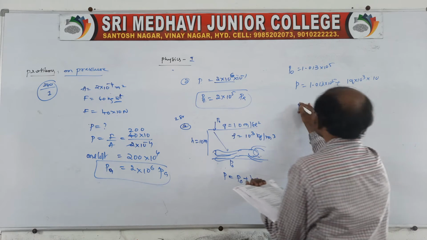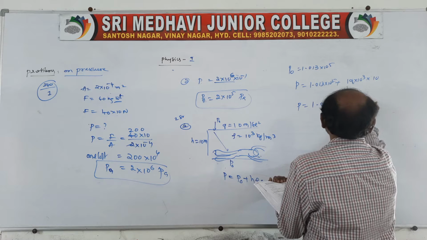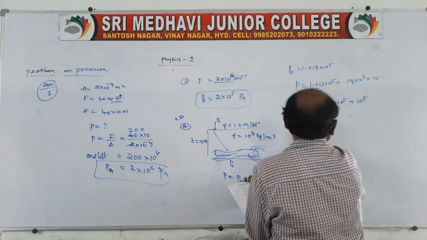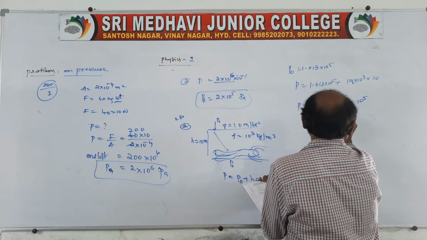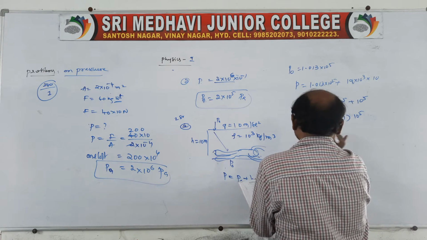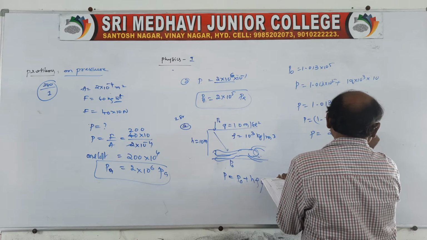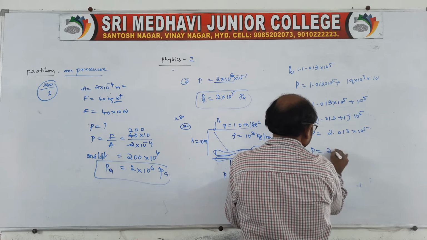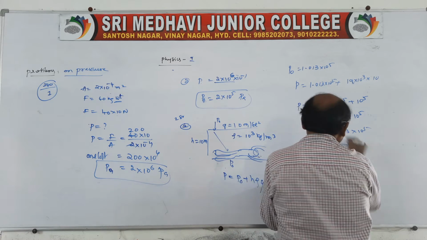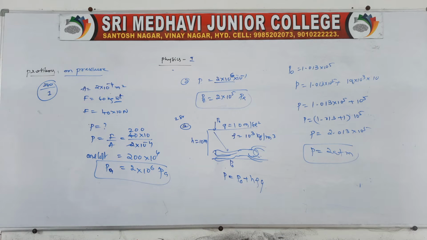So P is 1.013 into 10 power 5 plus 10 power 5. Taking the common factor, 1.013 plus 1 into 10 power 5. So the pressure at depth h is 2.013 into 10 power 5, which is nothing but about 2 atm. Clear?